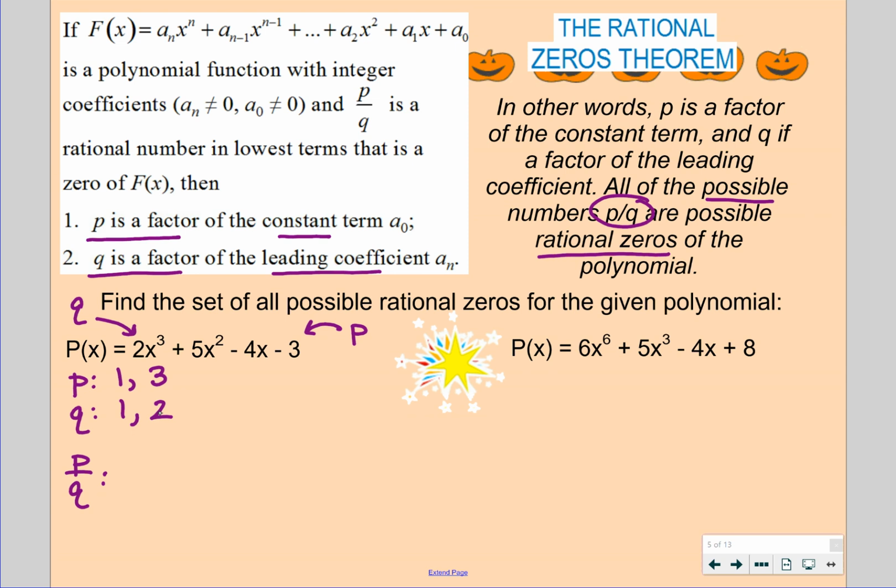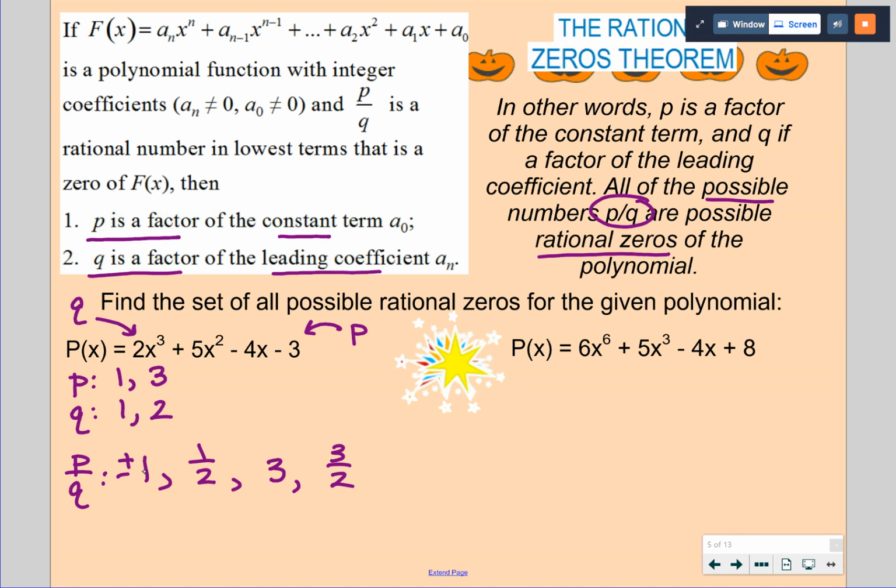So I would do 1 divided by 1, which gives me 1. Then I would do 1 over 2, which is 1/2. We're listing fractions only here, no decimals. Then I move to my next P: 3 over 1, which is 3, and 3 over 2, which is 3/2.